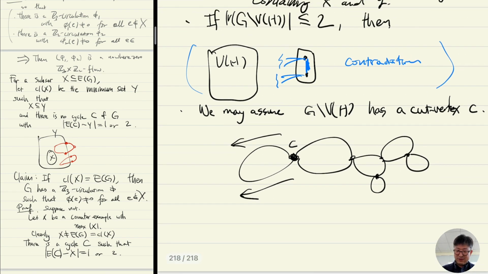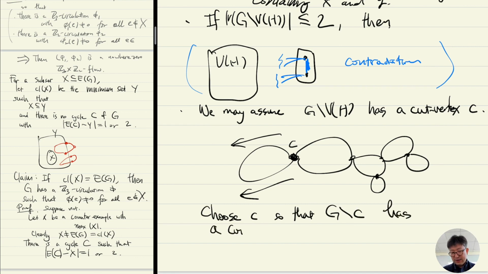Okay, so if you know the block tree decomposition, then that's the same as choosing a leaf in the block tree decomposition. So I want to choose C so that G delete C has a component X and X is minimum.